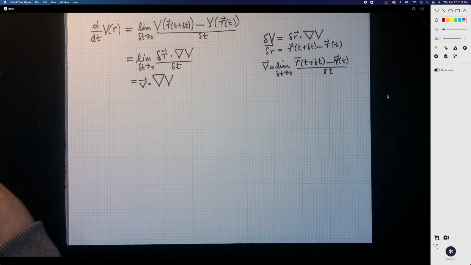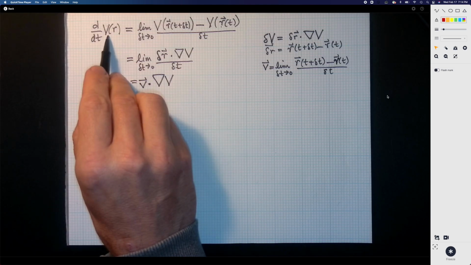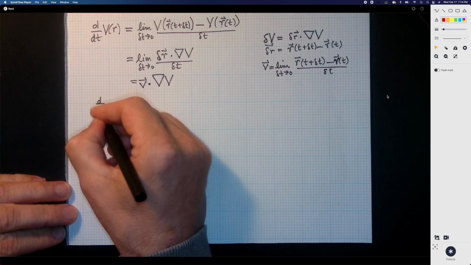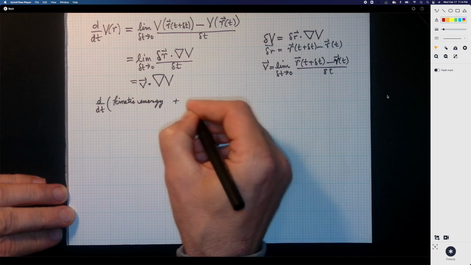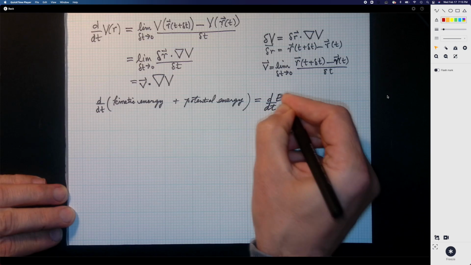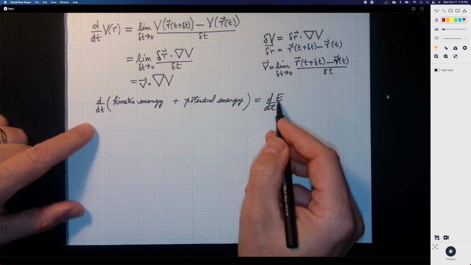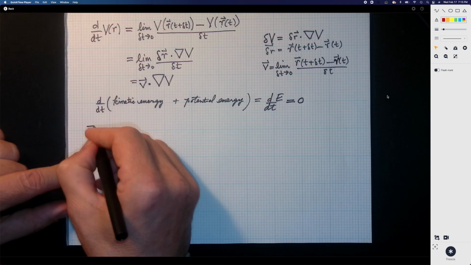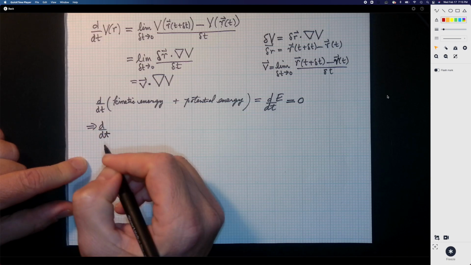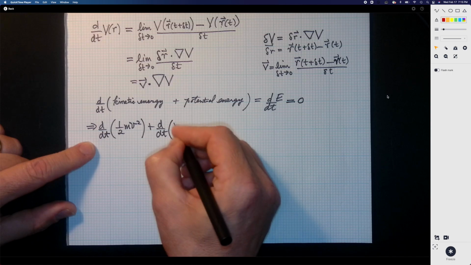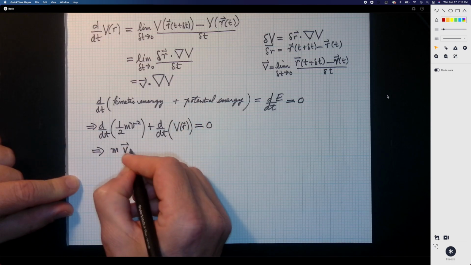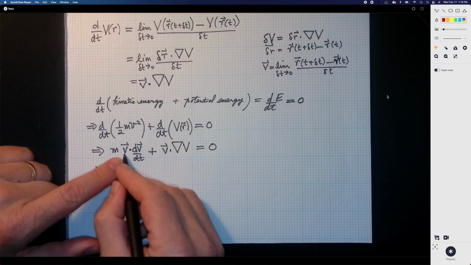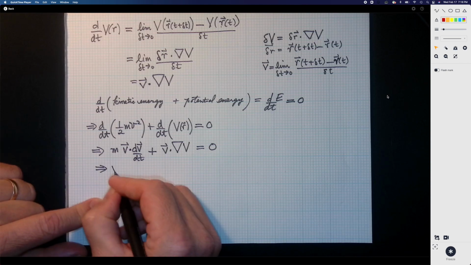Now putting together the time rate of change of the potential energy with the time rate of change of the kinetic energy, we get d by dt of the total energy E, which we know is 0. Therefore, we can pull out the common v vector, which is dotted into the result.